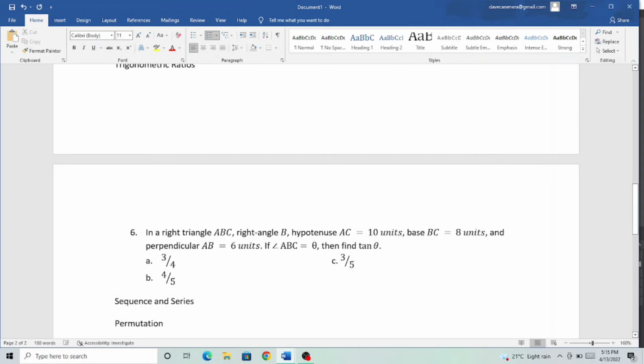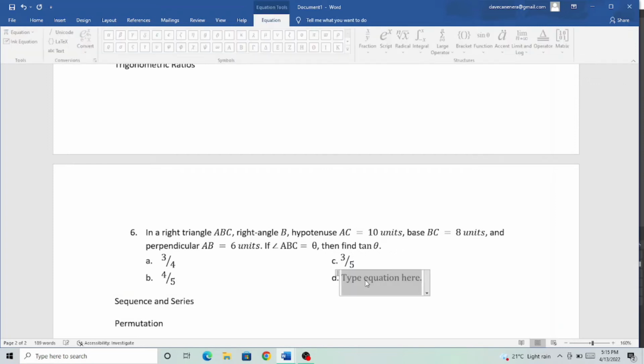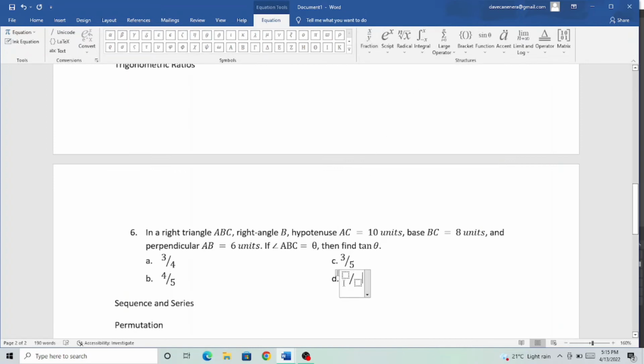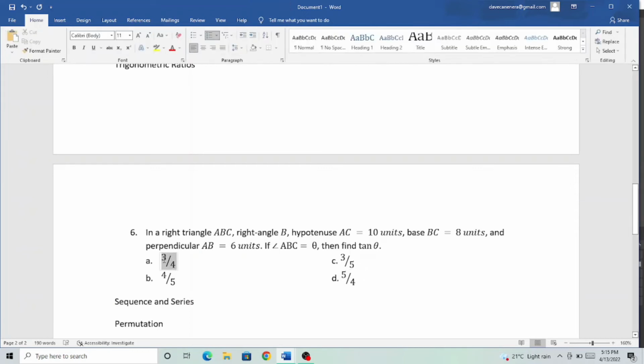For our last choice, it is like this. Let's say we have 5 over 4. Since the correct answer is 3 over 4, let's highlight it.